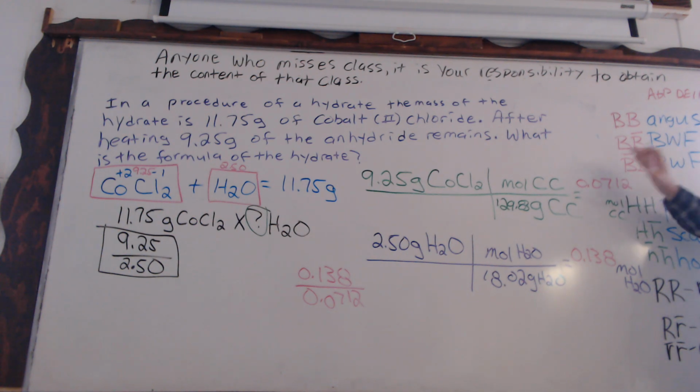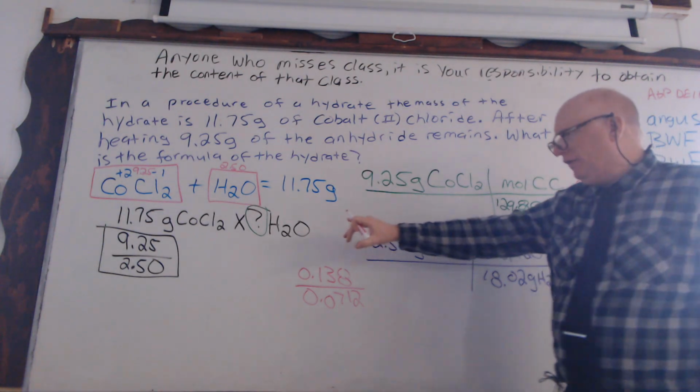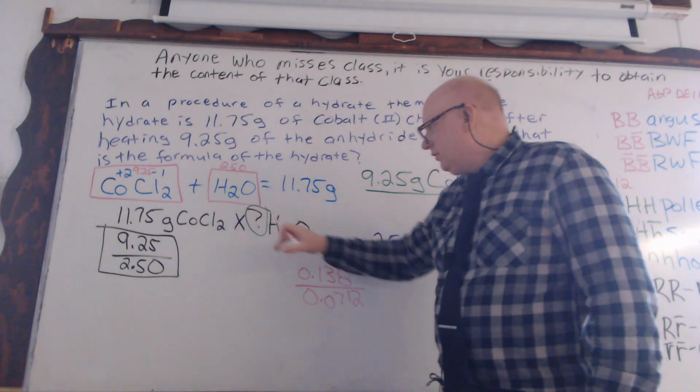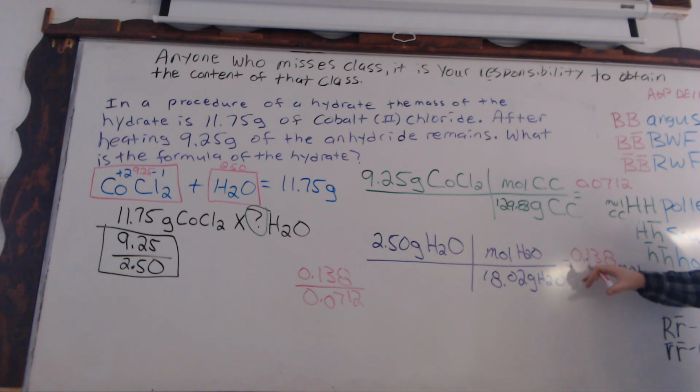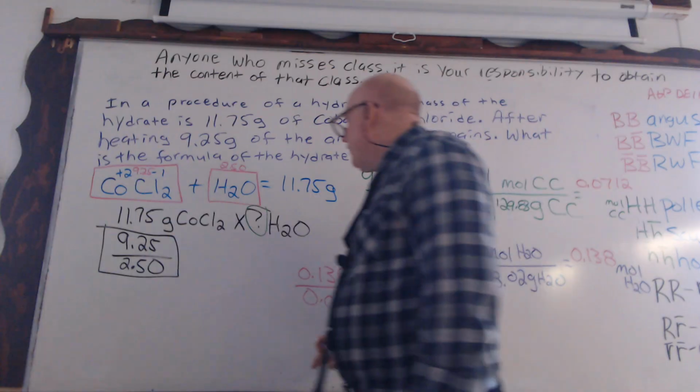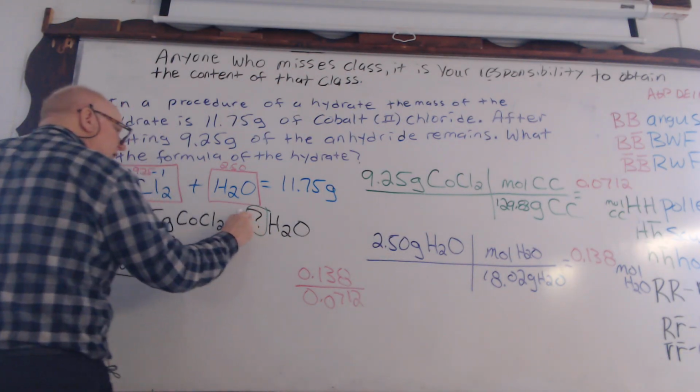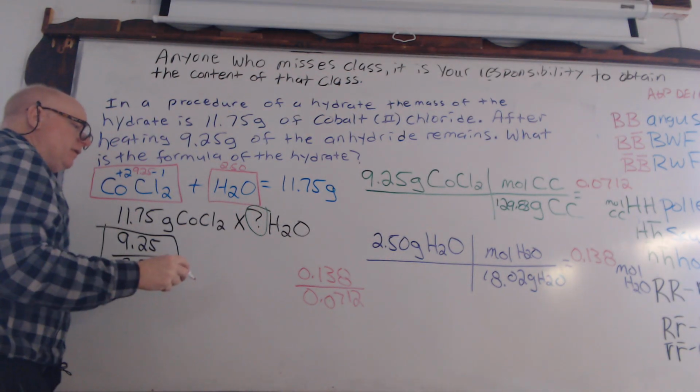Okay? And it could be a 1-to-1 ratio, but typically that's not going to happen because remember, we're solving for this. So since this is in a smaller amount, that means if we divide this into itself, we're just going to get 1. When we divide this by the smaller number, that will give us our question mark on how many moles of water there is.